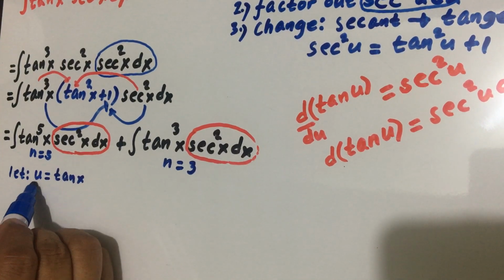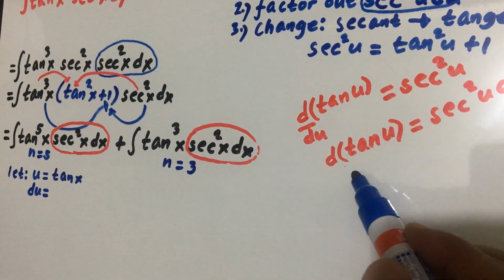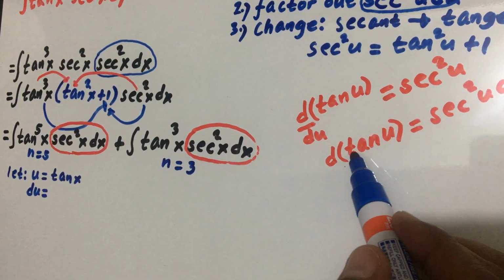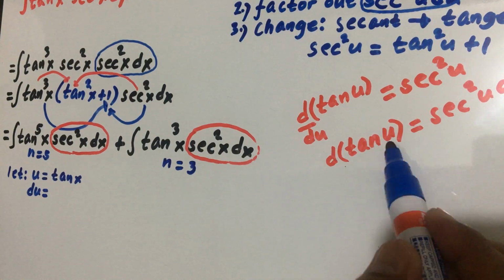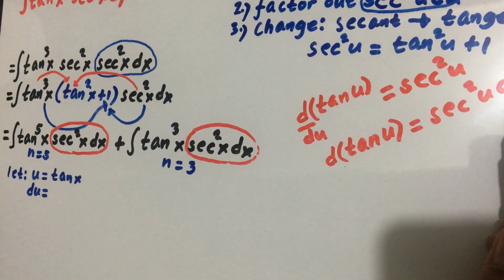Then du, following this formula, the derivative or differential of tangent u is secant squared u du.